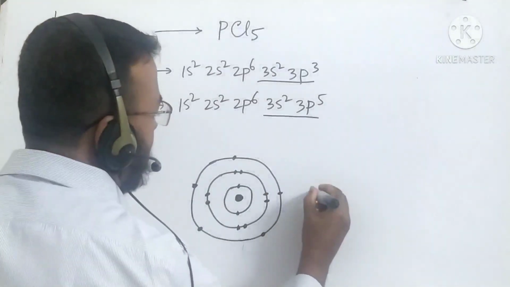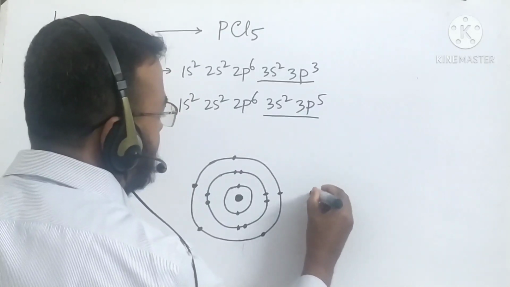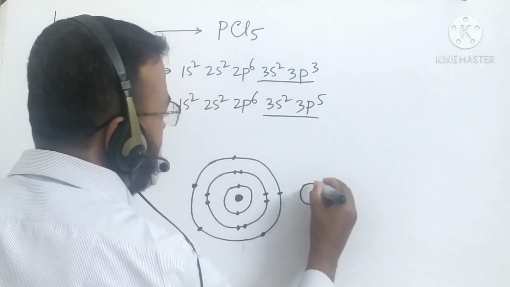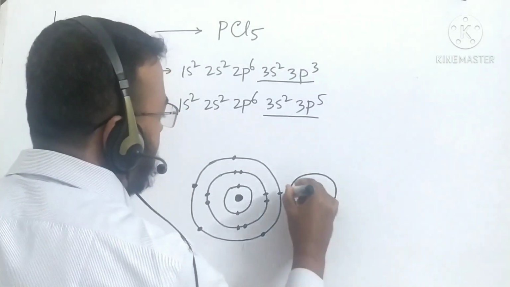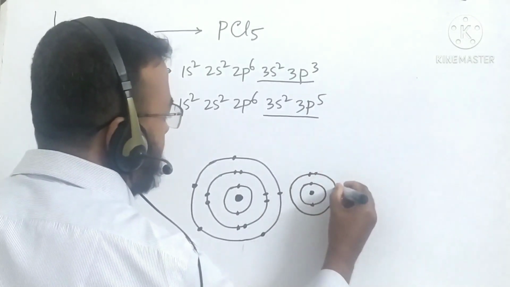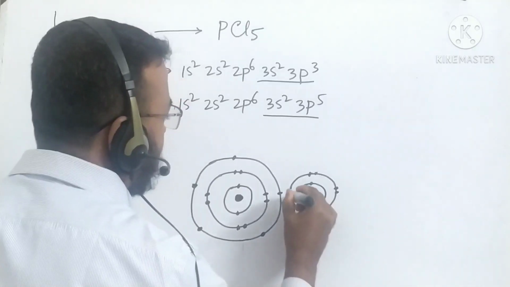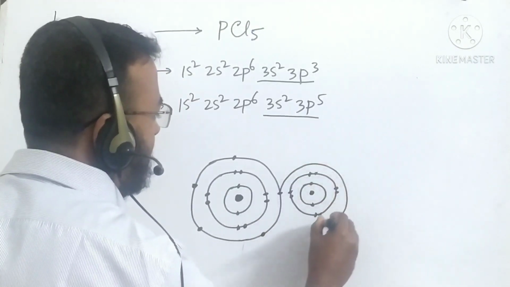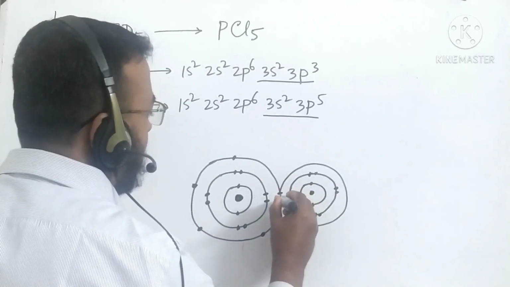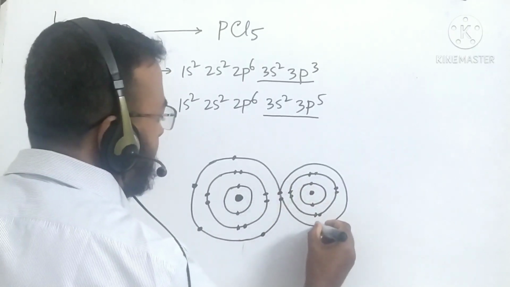Now we will draw chlorine: first energy level 2 electrons, second energy level 8 electrons. Now the third energy level will share 1 electron with phosphorus.